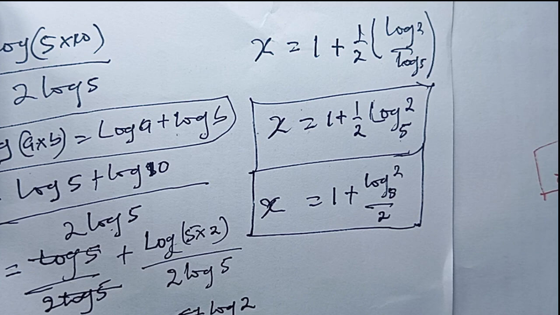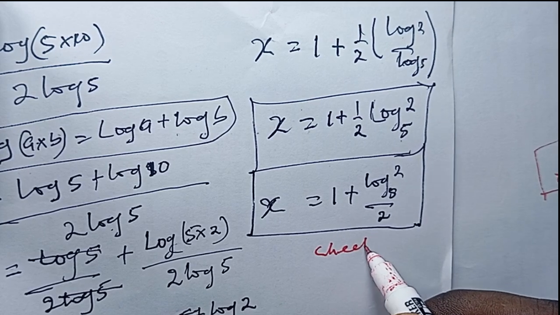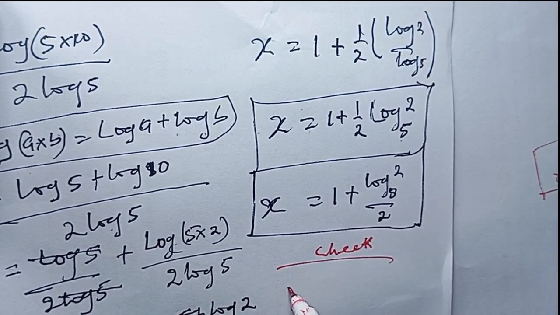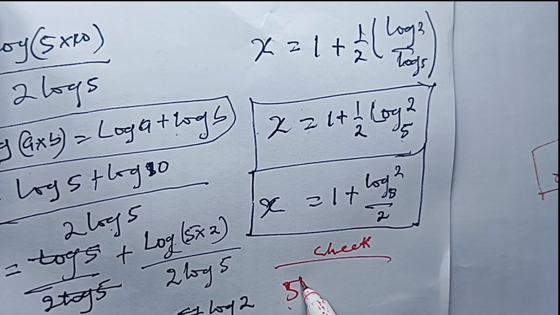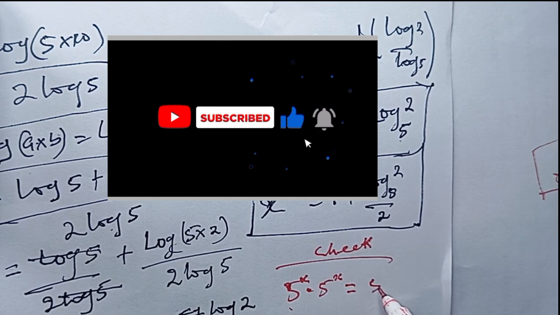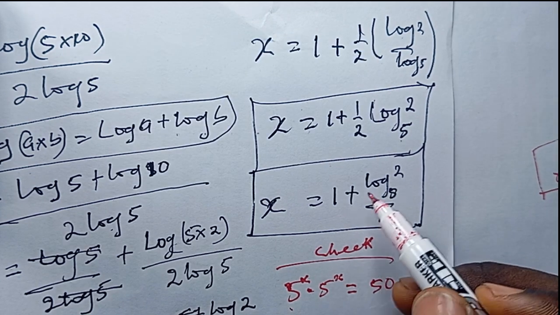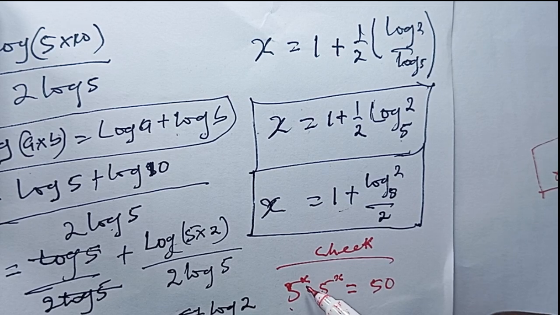So what we want to do next is to run a very quick check to see whether x will satisfy the problem we just solved. What we solved was 5 power x multiplied by 5 power x is equal to 50. So we want to find out whether, when we replace this value for x here, the left hand side is actually going to give us 50.